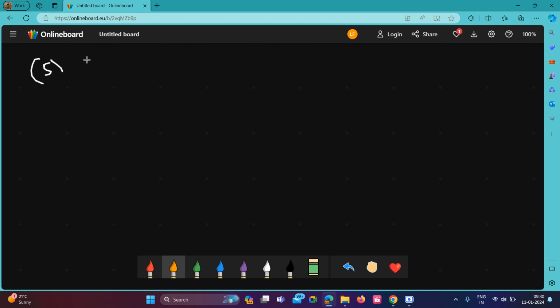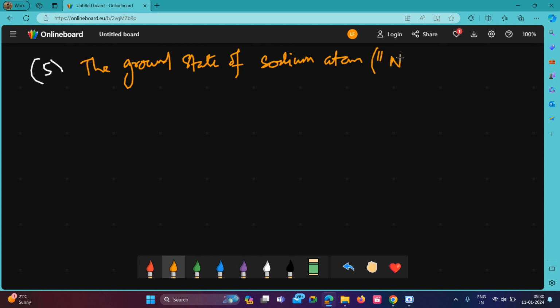The ground state of sodium atom, Na 11, is a 2S half state.